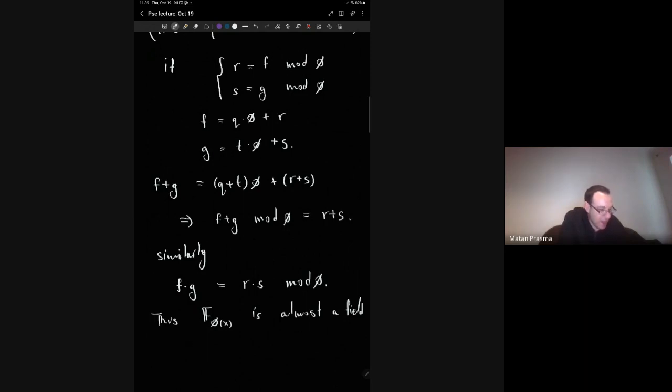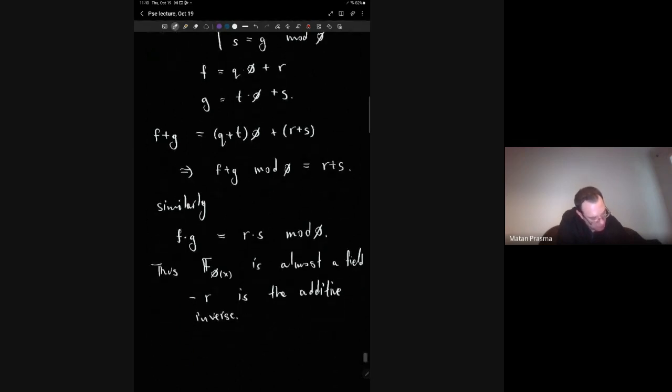if you want the additive inverse of R, it is simply minus R. Zero is neutral to addition.